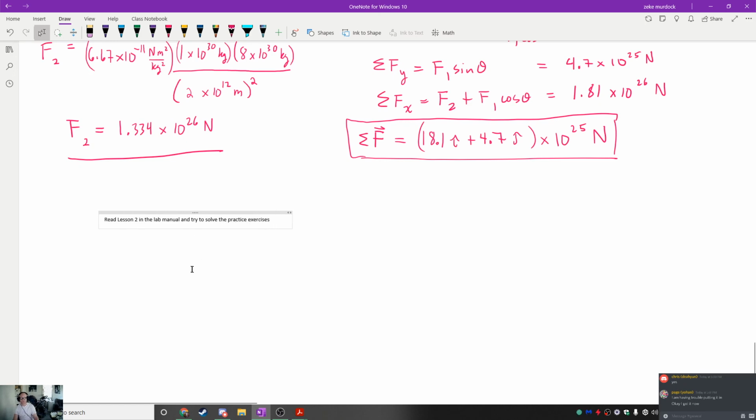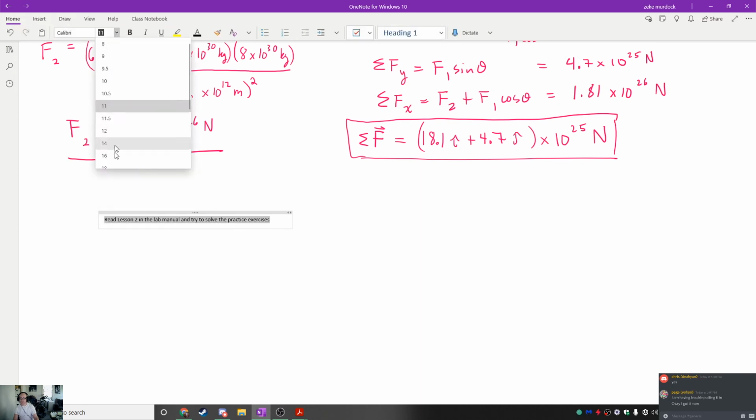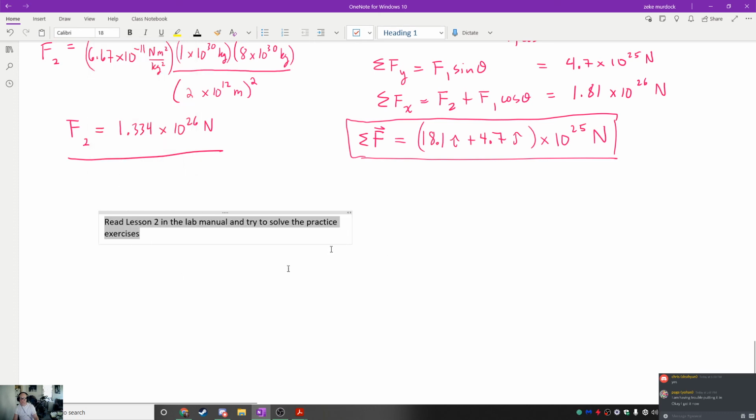We will go through them just like we did last time with lesson 1 in class on Thursday. Assuming we have time, it may get pushed to next Thursday. Lesson 2, I believe, is right after lesson 1. I'm just going to verify before we end today so I'm not telling you to do the wrong thing. Yes, lesson 2 is right after lesson 1.